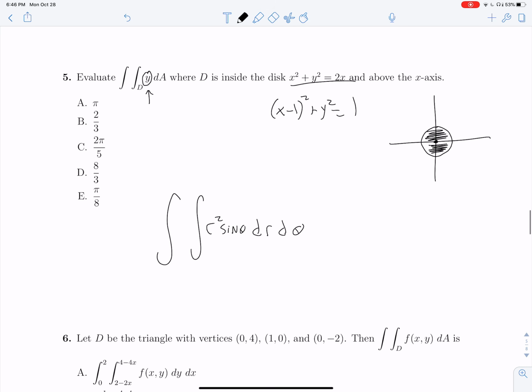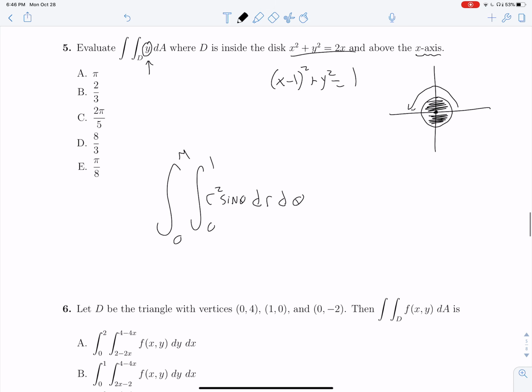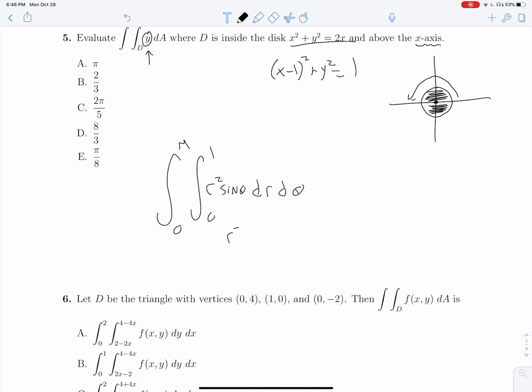And we see that we want all of the area above the x-axis. Well, we know that's going to be for theta running from 0 to pi, and r runs from 0 to 1. So now we can just evaluate. R cubed over 3 times sine theta on 0 to 1 is going to be sine theta over 3.